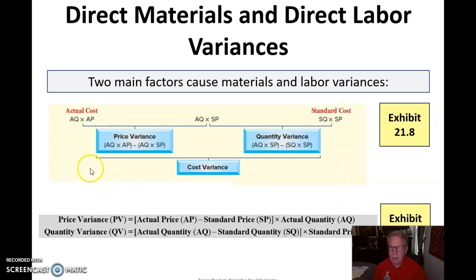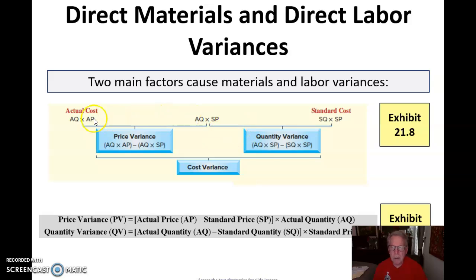Okay? And so what we're going to do then in the middle, this is going to be actual quantity, actual price, standard quantity, standard price. But in the middle, we're going to take the actual quantity, and from the right-hand side, we're going to take the standard price.